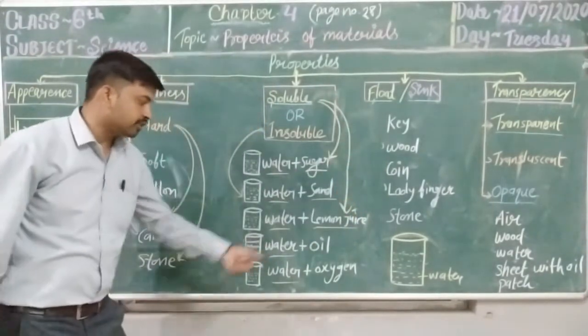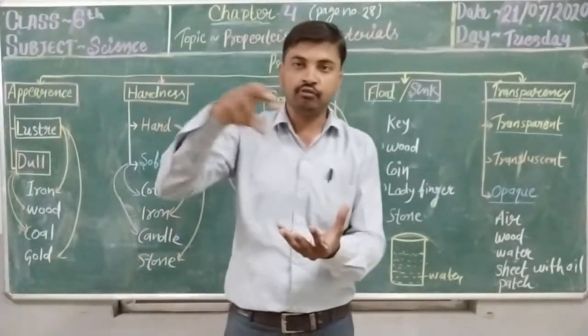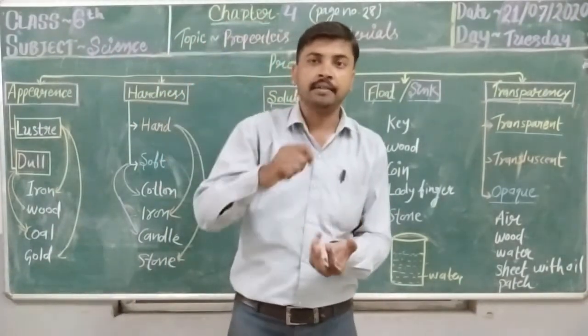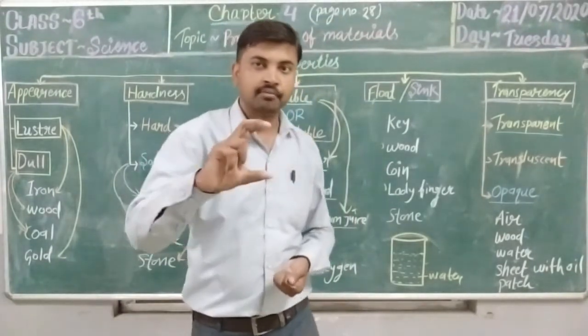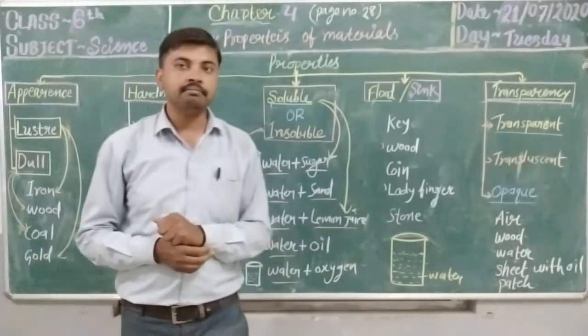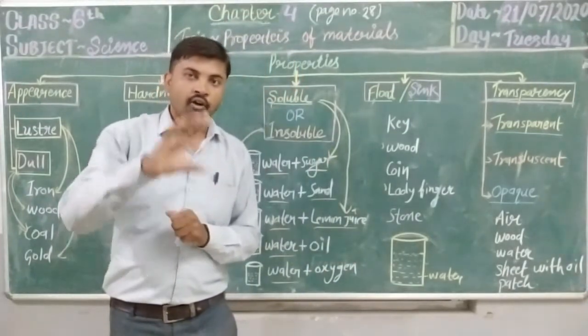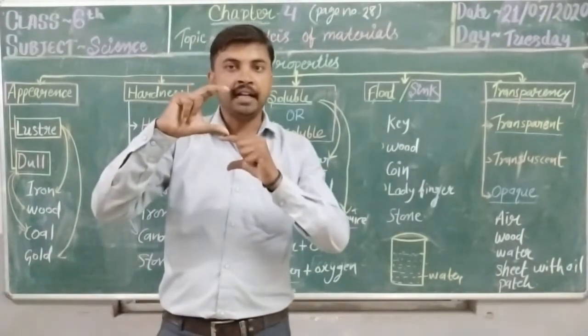Okay. Then next, water and oil. When we put oil into the water and try to dissolve it, and we leave that solution undisturbed for a long time, what do we see after some time? The oil and the water both form separate layers.